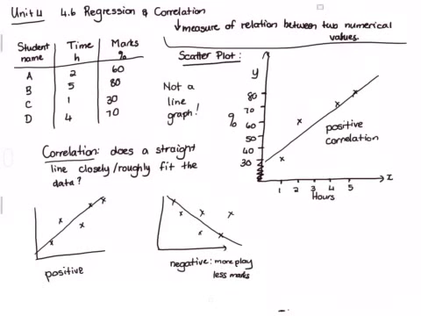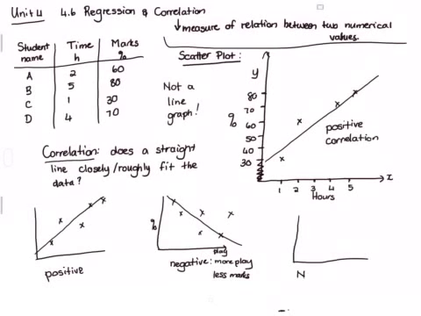So then the x-axis will be the number of hours that I played, and the y-axis would be the marks. So if I played a lot of hours instead of studying, I got less marks. That's a negative correlation.